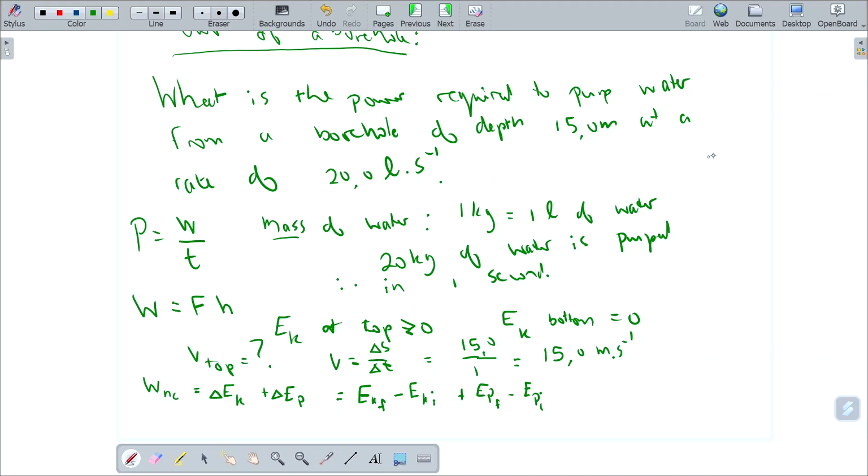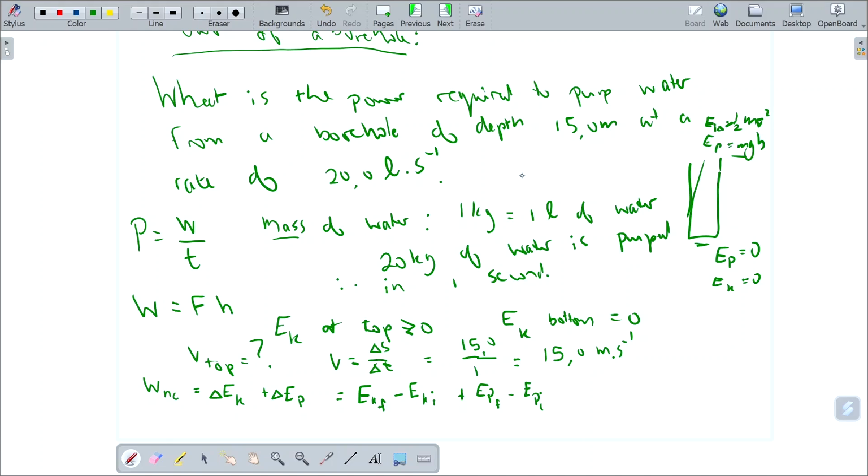So, assuming that at the bottom of the well, the potential energy will be 0 there, because that is given as 0, and the kinetic energy starting off as 0. Then at the top of the well, the kinetic energy is going to be a half mv squared, and the potential energy is going to be mgh.